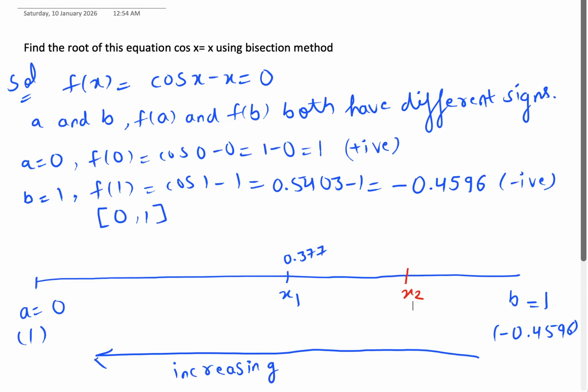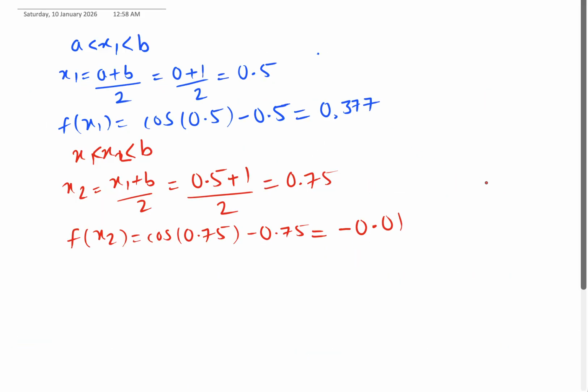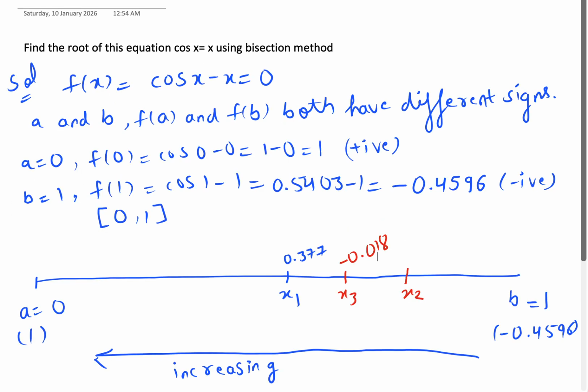So we have got x2, and x3 will be somewhere between here. I'll put the value of x2 also here. Here I'll write it complete. The value of x1 I have written is 0.377.